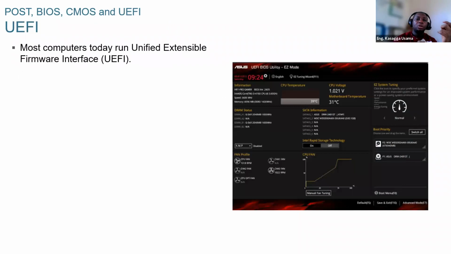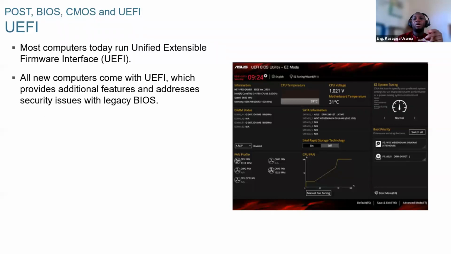So with the latest BIOS setting, most of the computers today run what we call UEFI, the interface and firmware which are used nowadays. These are extendable firmware which have been used in order to find ways of making changes and updates.